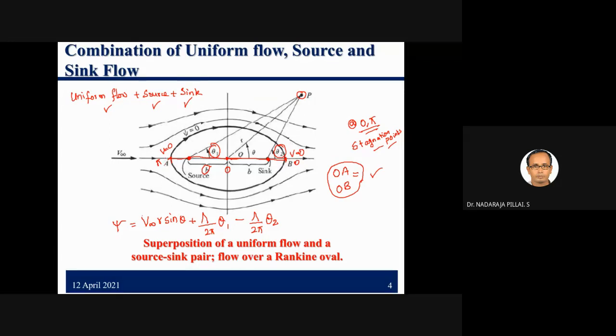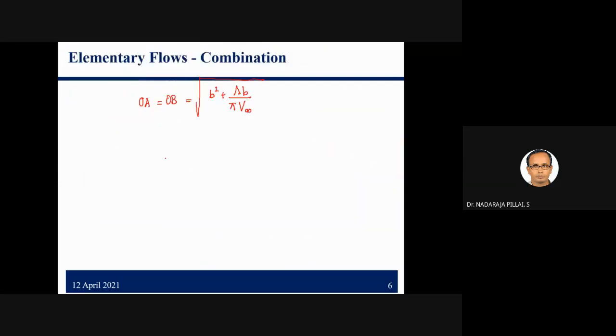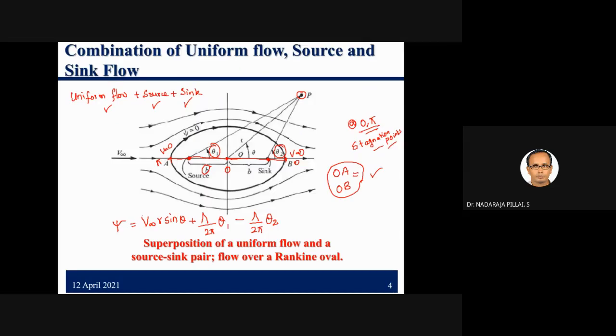So at point A, we can write the velocity due to the free stream is equal to V infinity.